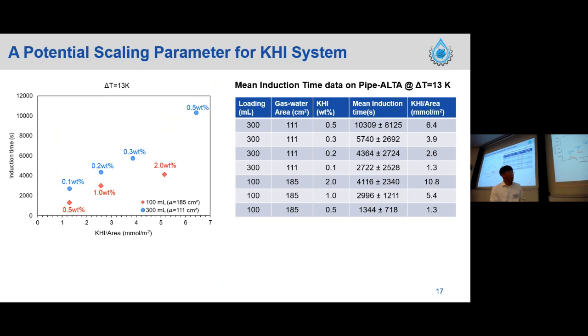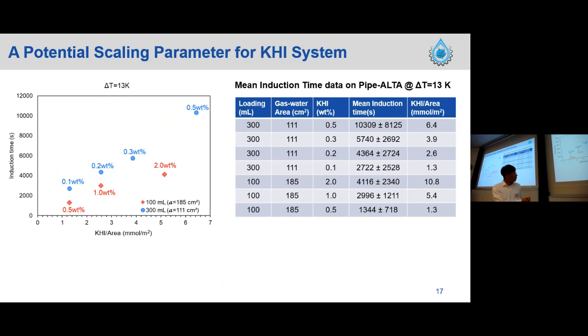That gives you a mean induction time of more than 10,000 seconds. And if we focus on this point, which has the same KHI concentration but in 100 ml liquid loading, it gives you a very small number of moles of KHI per surface area, as well as a small mean induction time, just above 1,000 seconds.